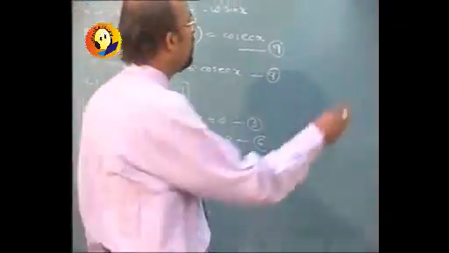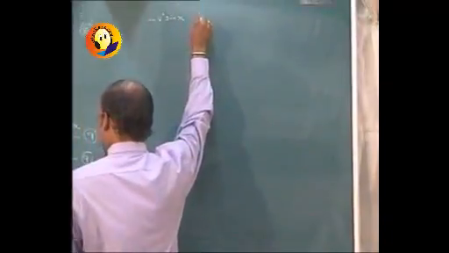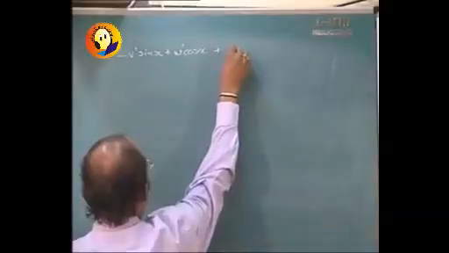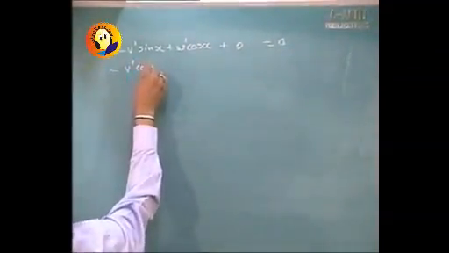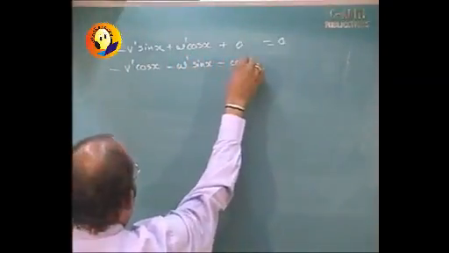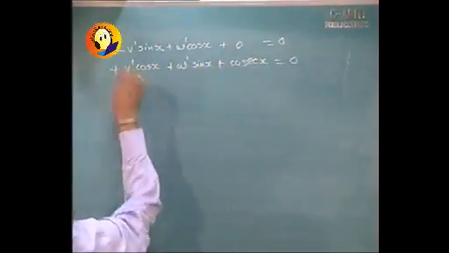So let us write them once again. It is minus v dash sin x plus w dash cos x plus 0 equal to 0. And the second one is minus v dash cos x minus w dash sin x minus cosec x equal to 0. Of course, you can make all of them plus.